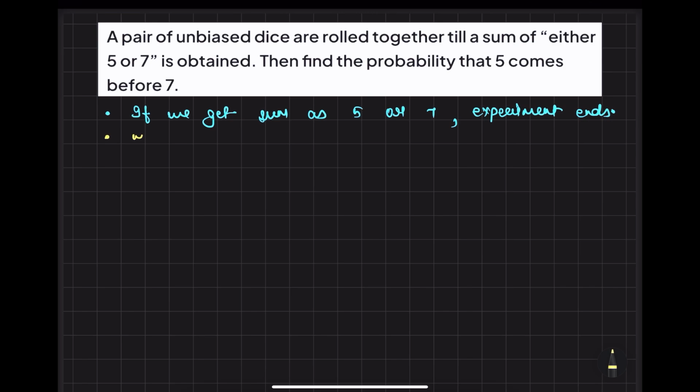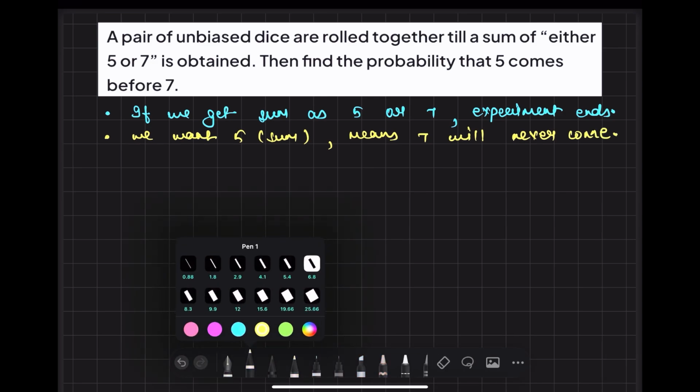Okay, this means we want 5 as the sum, which means 7 will never come. Correct? Now try to understand this.